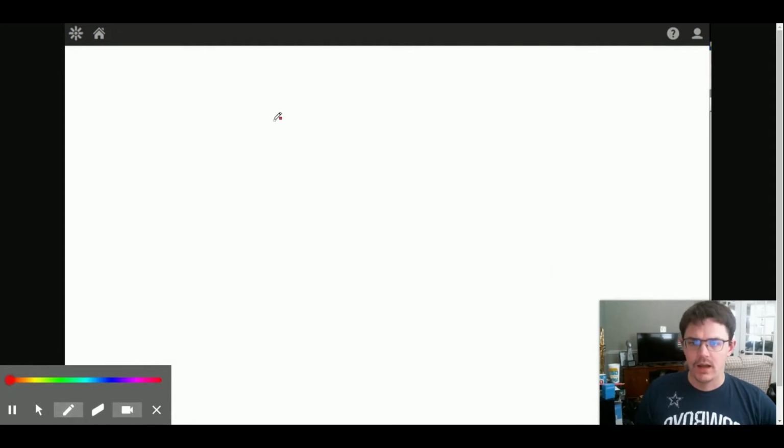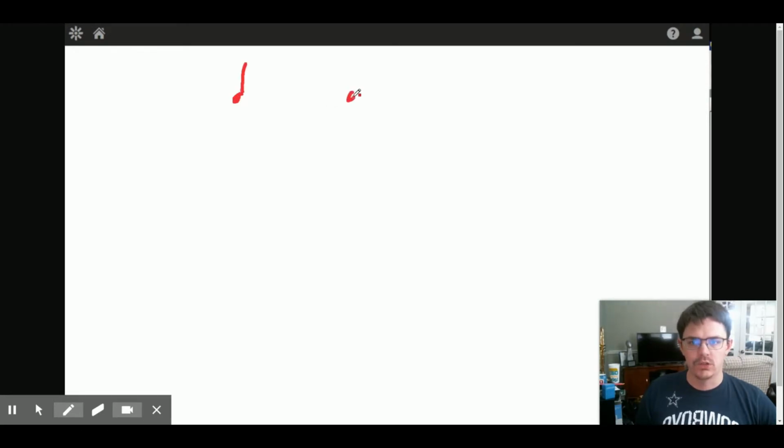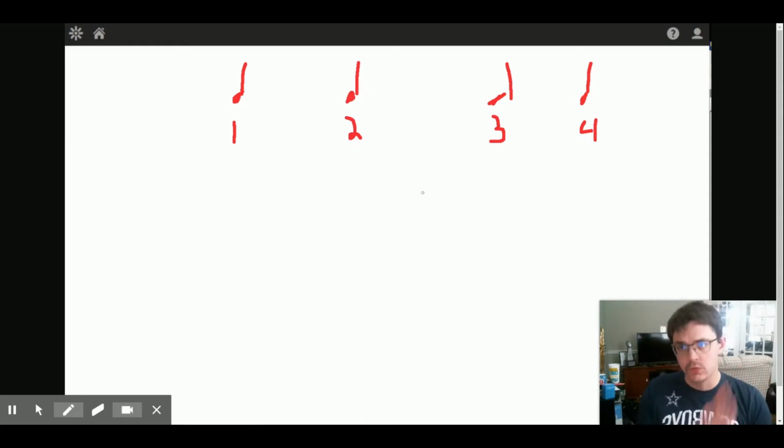Alrighty, I've cleared my screen and now I want to start working on counting 16th notes. So I'm going to start with the world's most boring measure. And we know that that's going to be 1, 2, 3, 4. If we count that, it just sounds 1, 2, 3, 4.